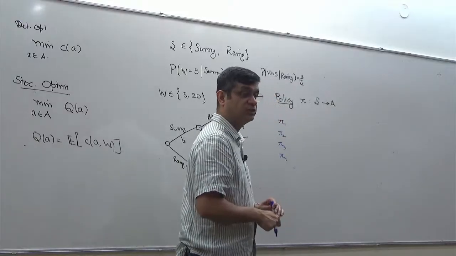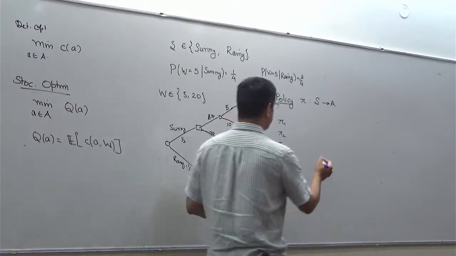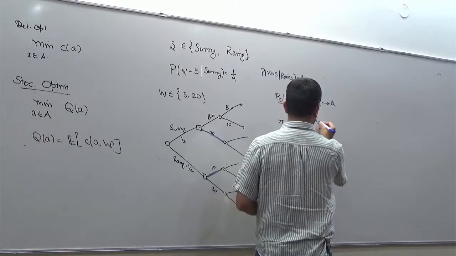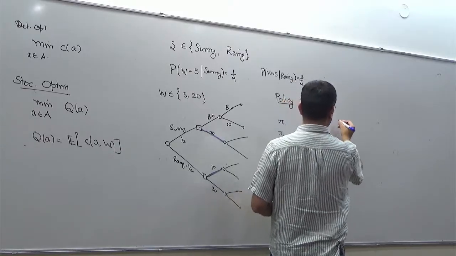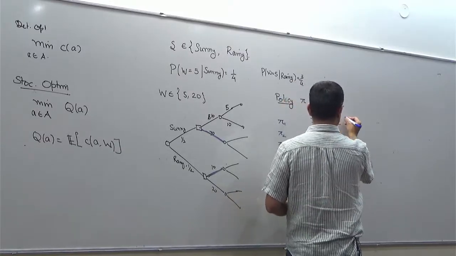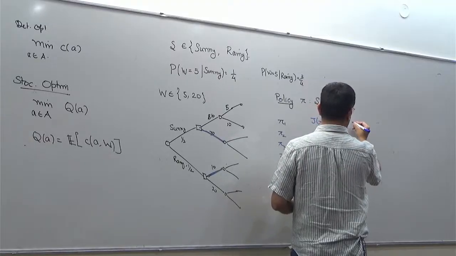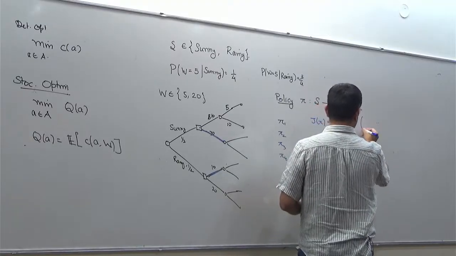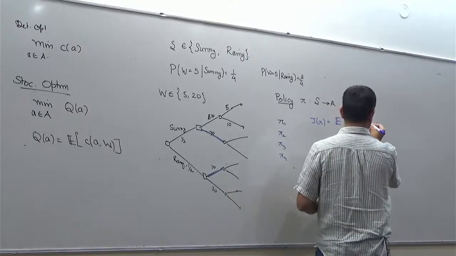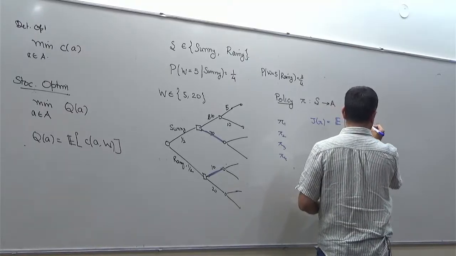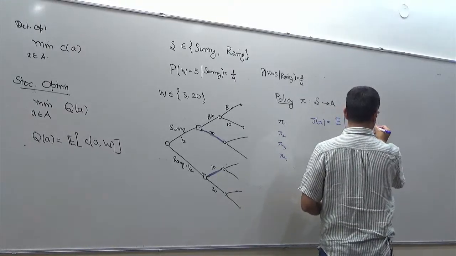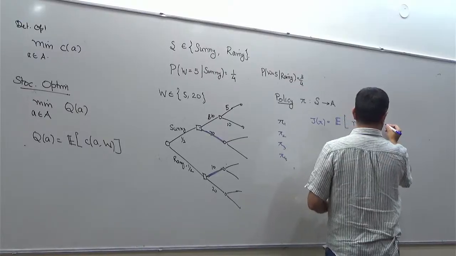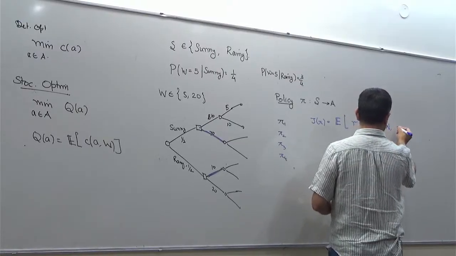For each one of these policies, I can compute what I'll call J pi. This is the expected value, in this case, of the reward, which depends on the action that I take, which will be pi of s, the realization of W, and S.